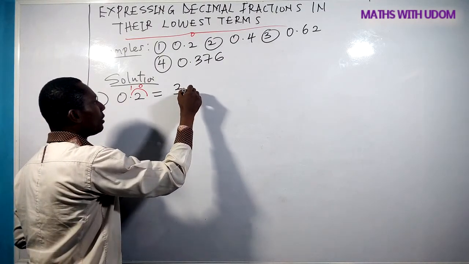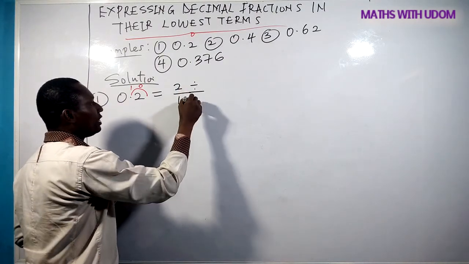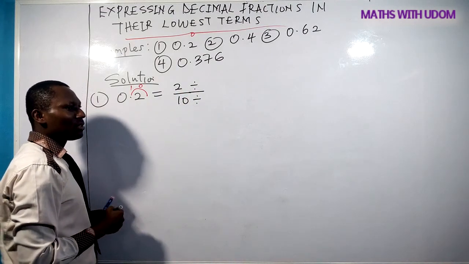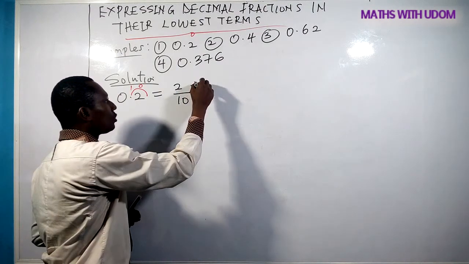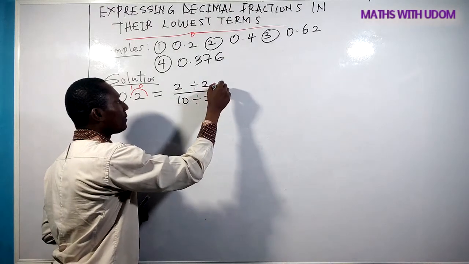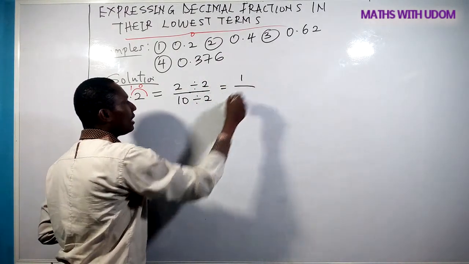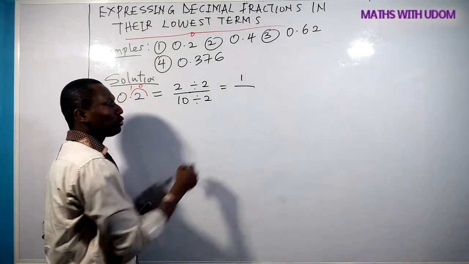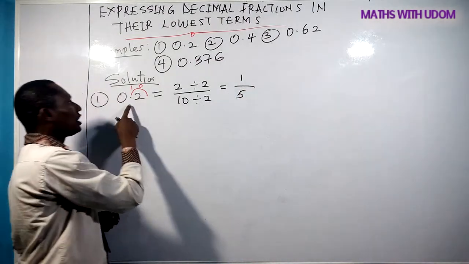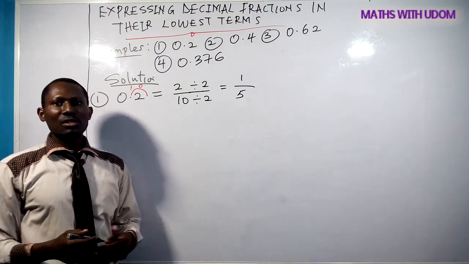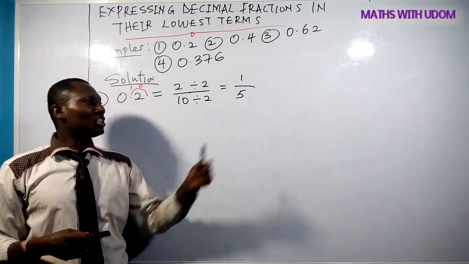So you divide the numerator and denominator by their highest common factor. 2 divided by 2 for the numerator, you have 1. Then denominator, 10 divided by 2, you have 5. So I've reduced 0.2 to a fraction in its lowest term.